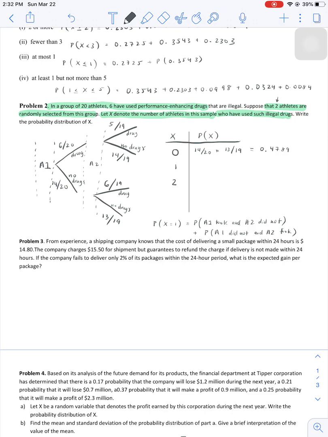So that's equal to the probability that athlete 1 took and athlete 2 did not. Our first term, that's 6 out of 20 times 14 out of 19, plus our second event, that the first athlete did not and the second did. That's 14 out of 20 times 6 out of 19. Add those up, plug that into your calculator, and you should get 0.4422.